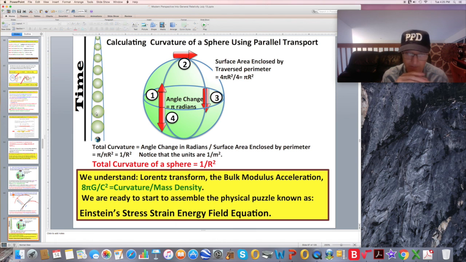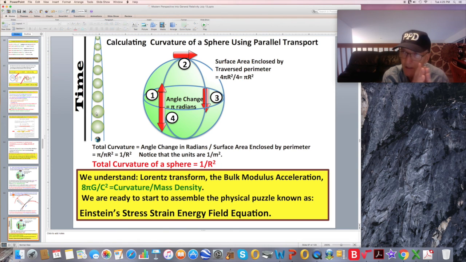So in effect, we're ready. We've got the pieces now to put the Einstein stress energy field equation together using these components. If we just check to make sure that the physics is correct, we'll get the complete theory without having to get into this elaborate mathematics.